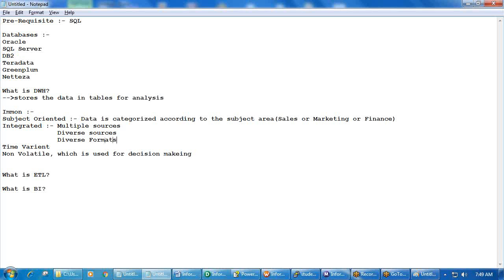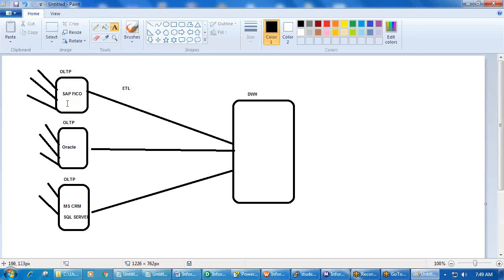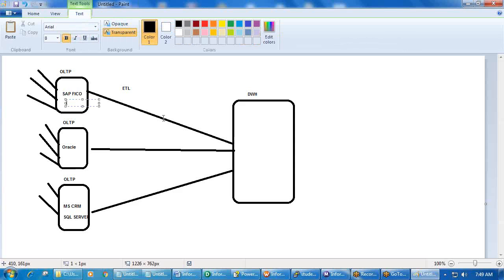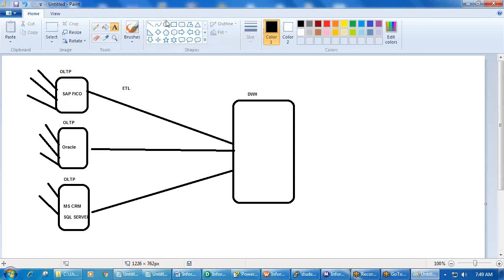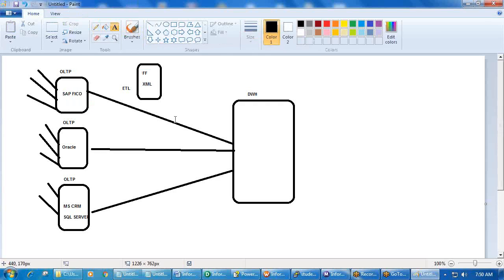When you say diverse formats, what do you mean by diverse formats? Let's say the data could be available in the form of a flat file, or the data could be available in the form of relational tables. It could be in any format. So here it is present in the relational format, and I can also integrate the data from flat files, and I can also integrate the data from XML files.